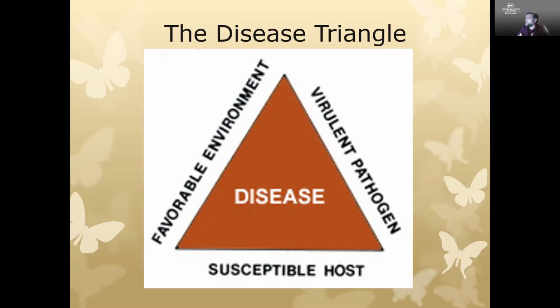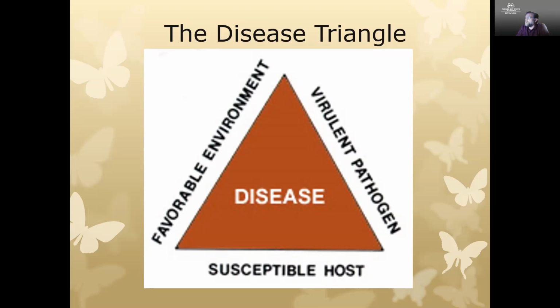That's our susceptible host, the base of the disease triangle. That just means we have a plant that can have a particular disease, and that might be a matter of what species the plant is. Some species of plants are going to be vulnerable to one set of potential diseases, while they may not be affected by other potential diseases.